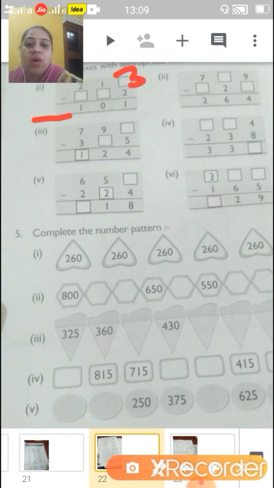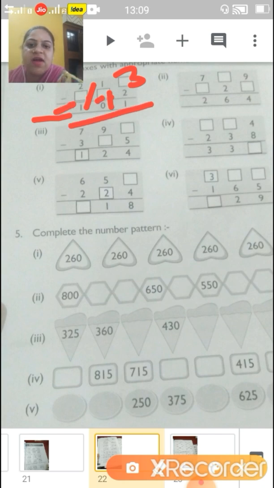Now what will come? 0 means 1 minus 1. We will write in another box 1 minus 1, that is 0. And in this box we will write 2 minus 1, that is 1. So your answer is in the box. In the first box we will write 3, in this box 1, and in this box 1.